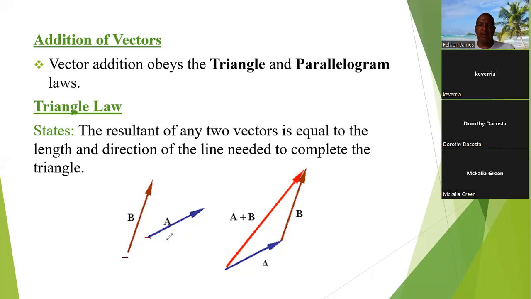Remember we were talking about nose to tail earlier, right? So we arrange these two vectors so that the nose of one vector goes into the tail of the other. So this is the nose of the vector A, and we want to arrange it so that the nose goes to the tail of the vector B.